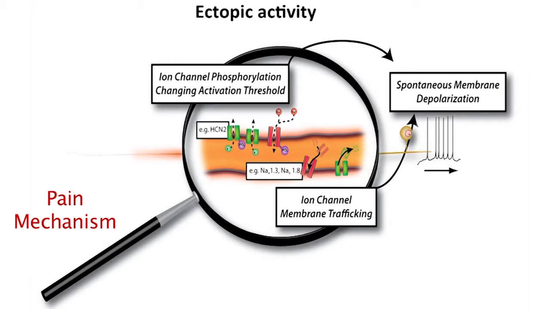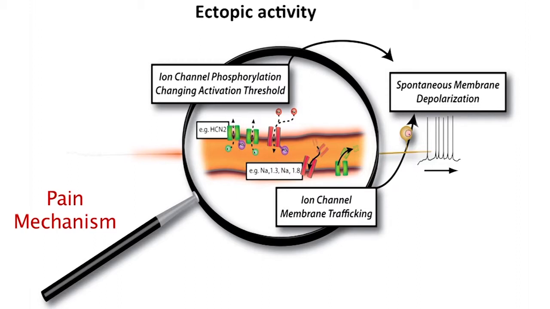And the initiation of action potentials by a patch of nerve that is not in the periphery is what we call ectopic activity. So the action potentials are not being generated out in the peripheral tissue, in the skin, joints, or the viscera, but are being generated somewhere along the axon. And this generates a set of action potentials which enter the nervous system and which are interpreted as being spontaneous pain.